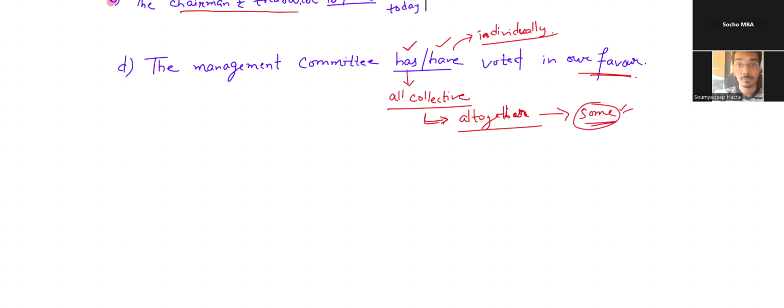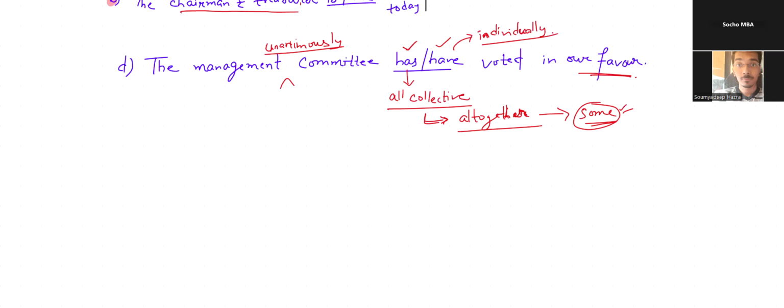That is why we used unanimously when talking about altogether committee management votes. Are you getting me? मतलब सब कोई एक साथ ही था. तब तो हैज ही होगा. Has, right? The management unanimously has voted.